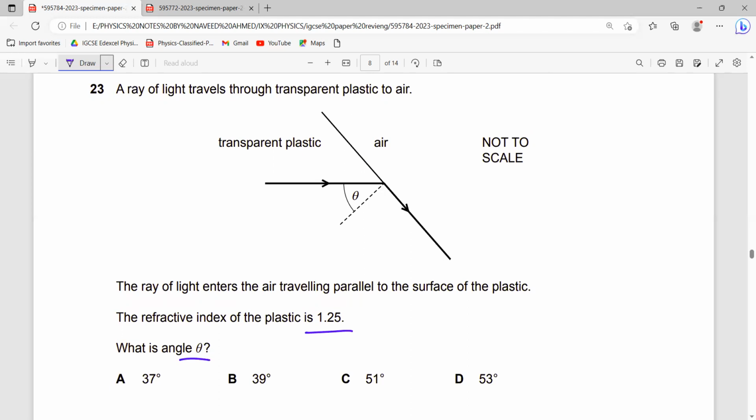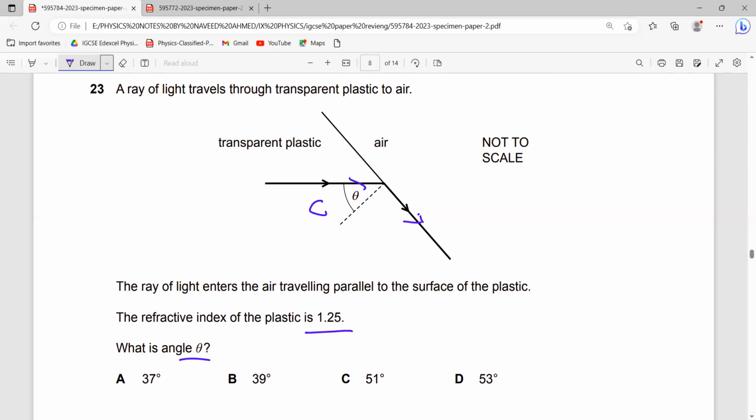When we see the diagram, the ray moves from here to here and becomes parallel to the boundary. This means this is the critical angle. When the light becomes parallel to the boundary, or the angle of refraction is equal to 90 degrees, at this condition the incident angle is called the critical angle.